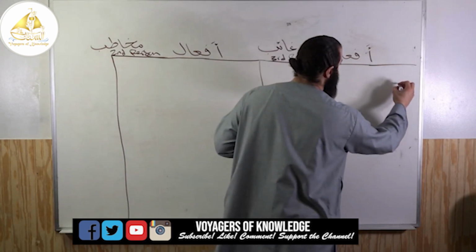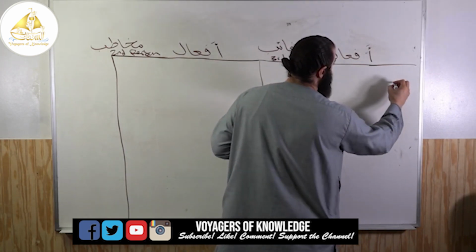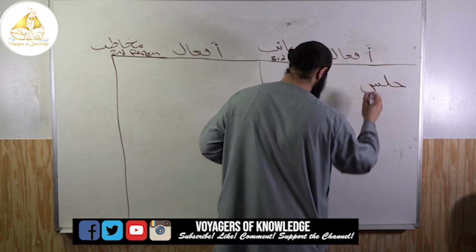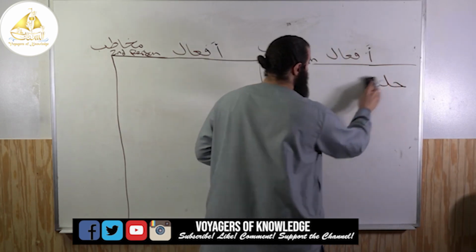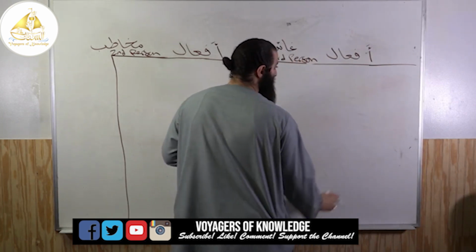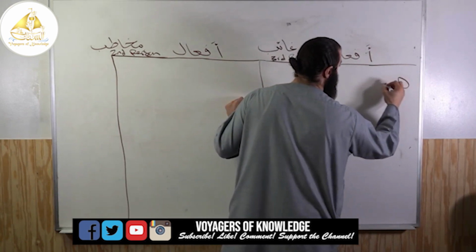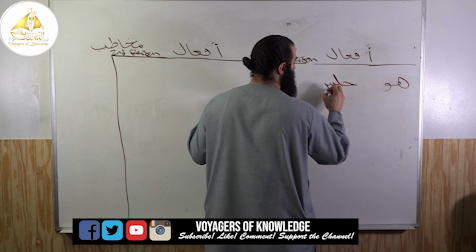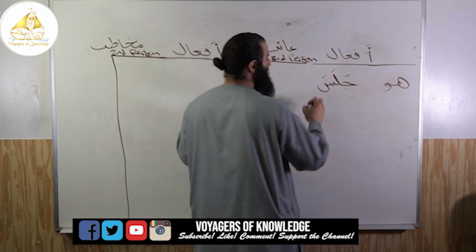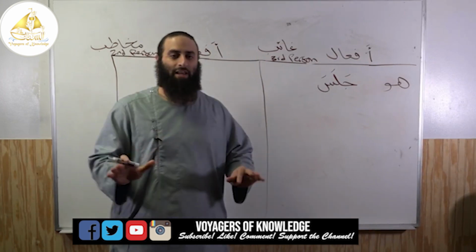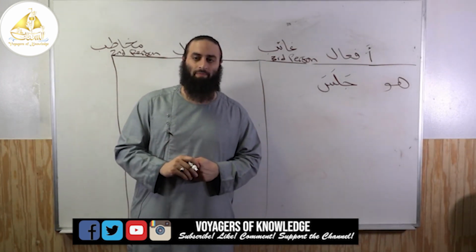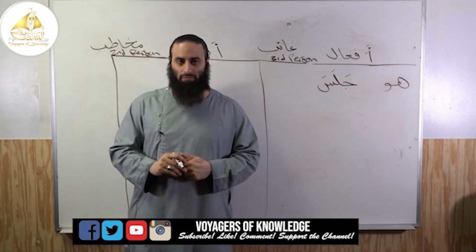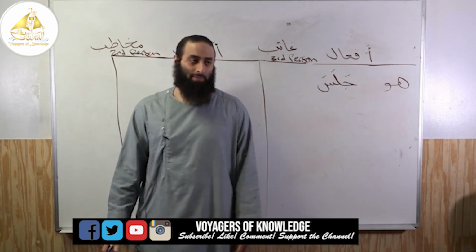So, for huwa, actually, let's put the dhamir first. For huwa, and here's the verb, jalasa. You do not need to add anything for huwa. Understood? Jalasa doesn't have anything added.